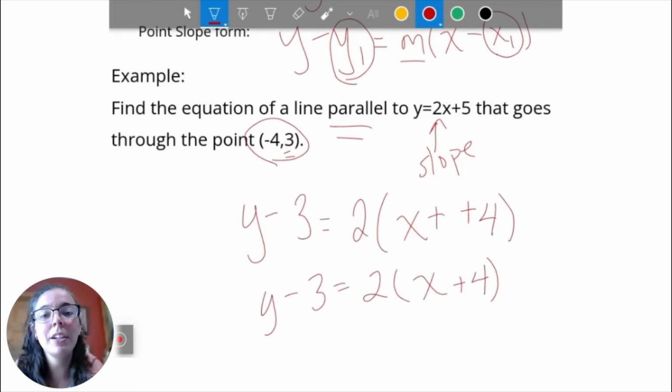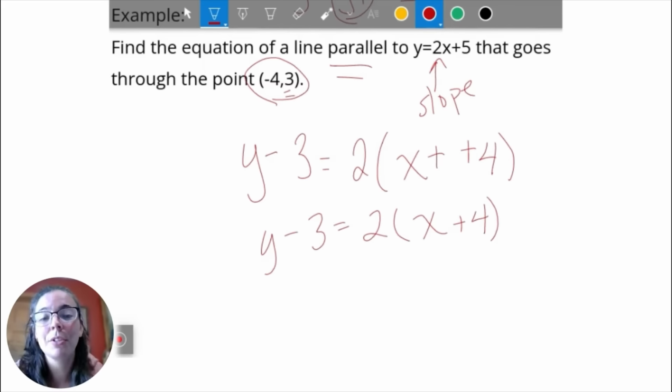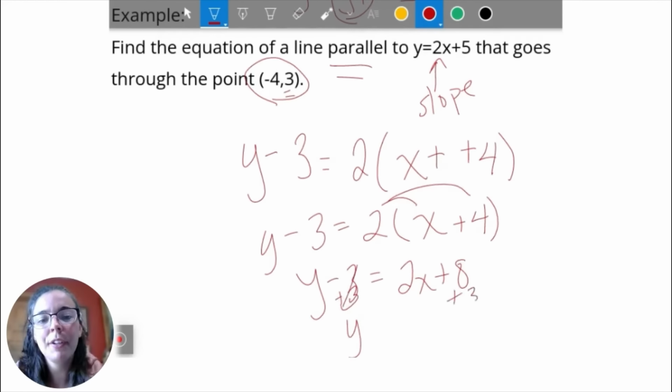This is the equation of our line, but if we needed to graph it, slope-intercept form is better for that. So we can convert straight from here by distributing, and we get 2x plus 8, and then add 3 to both sides to move that over, and we get 2x plus 11.